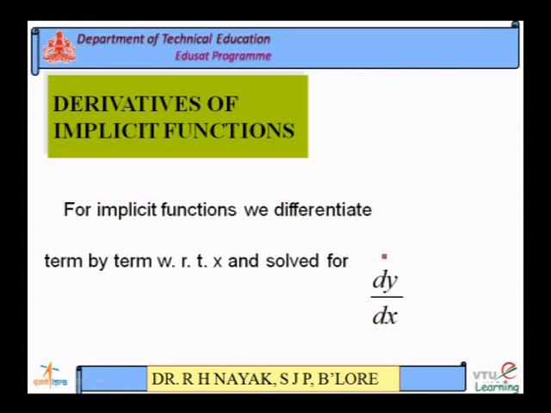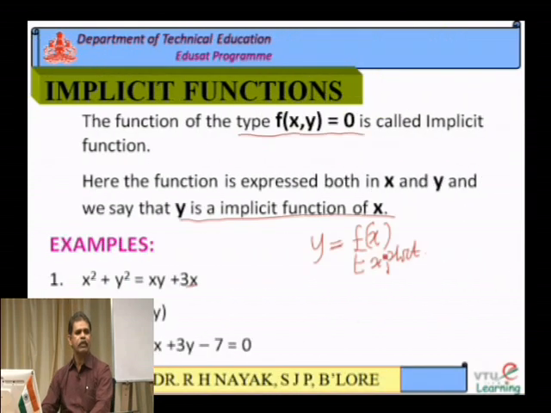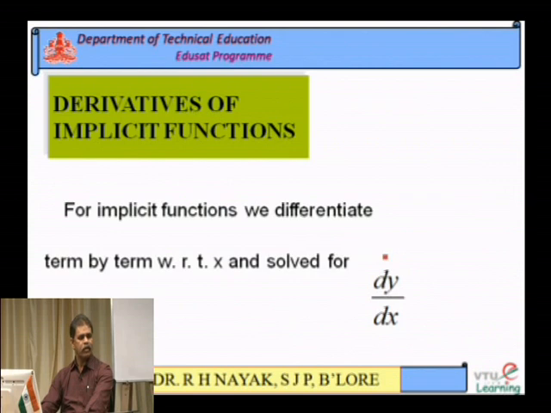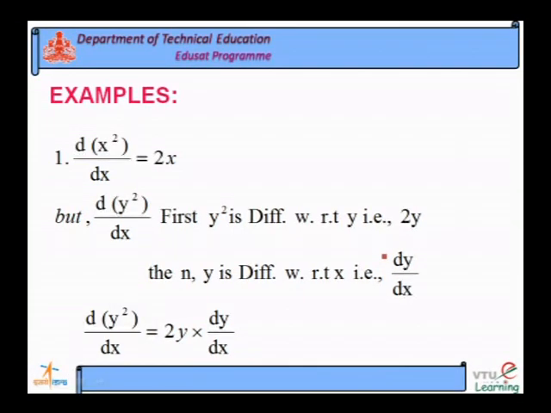Let me give some basic ideas. In an implicit function both x terms and y terms will be there. How to differentiate the x term is already known. How to differentiate the y term, that is important. Here I am showing how y terms are to be differentiated.